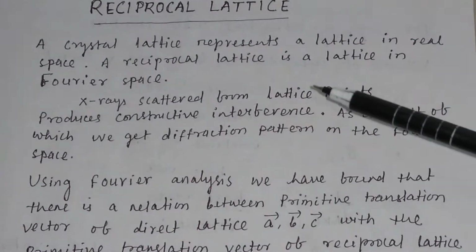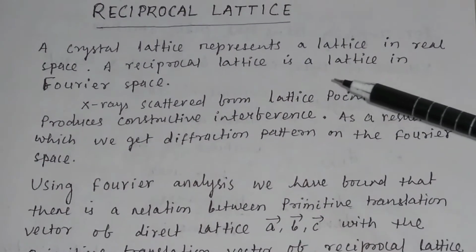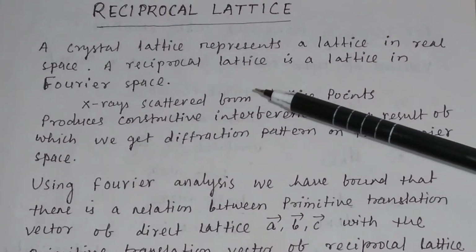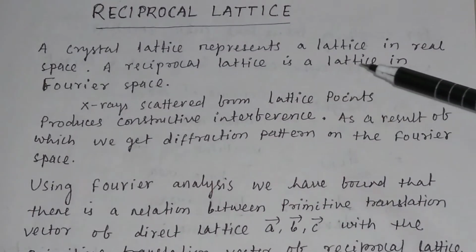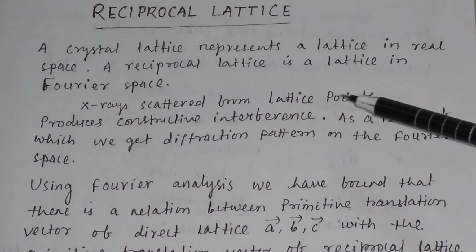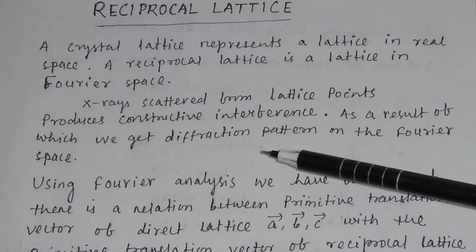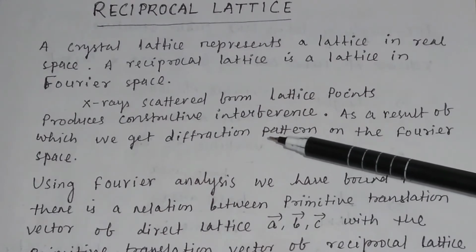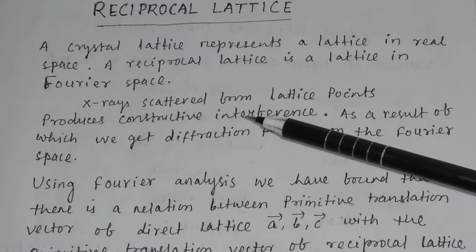To study the crystal structure, we basically use X-ray. We allow X-ray to fall on the real space or direct lattice. The X-ray falling on the direct lattice suffers reflection and gets scattered.